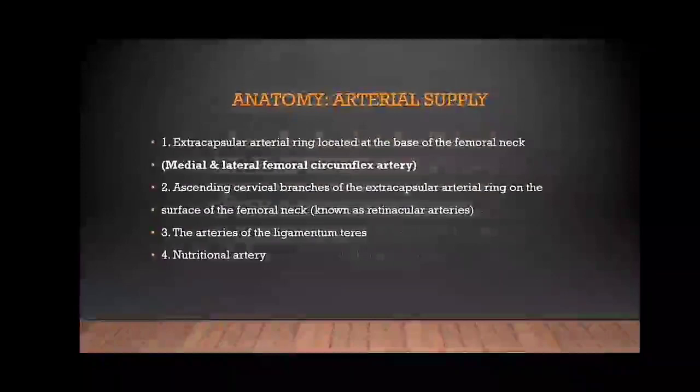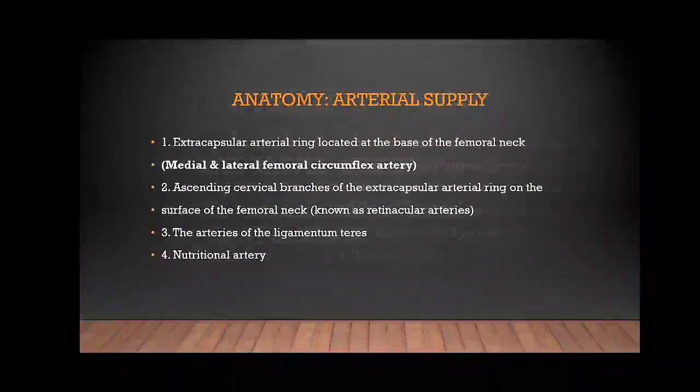Arterial supply. It is very important to know the arterial supply of the proximal femur, because these arteries may get injured during trauma, and that may lead to avascular necrosis. The extracapsular arterial ring is located at the base of the femoral neck near the intertrochanteric line. The most important blood supply is from the medial femoral circumflex artery, with less from the lateral femoral circumflex artery.